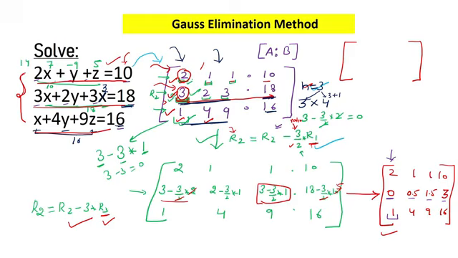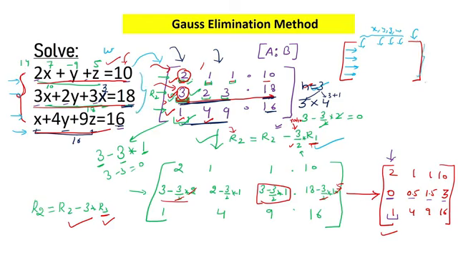Now let's say you have one more variable, say w, that is x, y, z and w, and then you have 4 equations. What will be the size of the augmented matrix? In that case, you will have a total of 4 rows and 5 columns. The first columns will be with respect to the x, y, z and w coefficients, and the last column will be with respect to the constants.